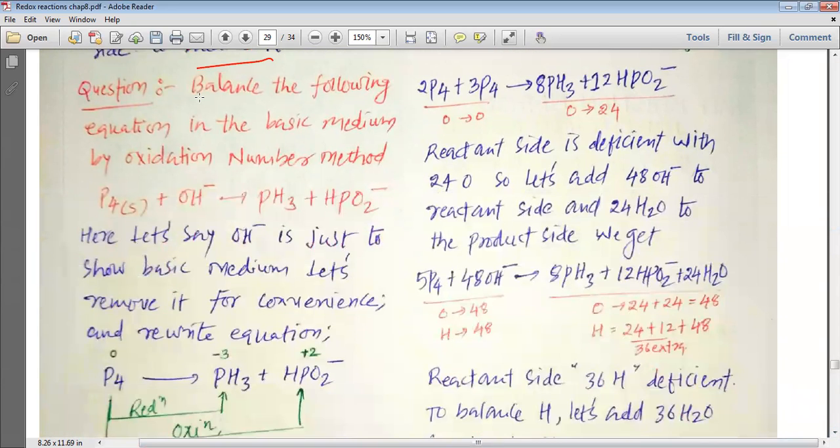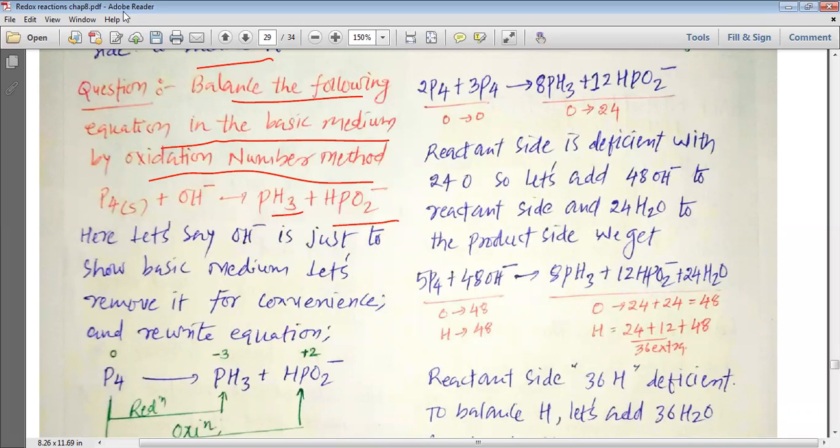To understand this, let us study one of the examples so that we can understand it better. Balance the following equation in the basic medium by the oxidation number method. We have P solid plus OH minus, that gives PH3 plus HPO2 minus.